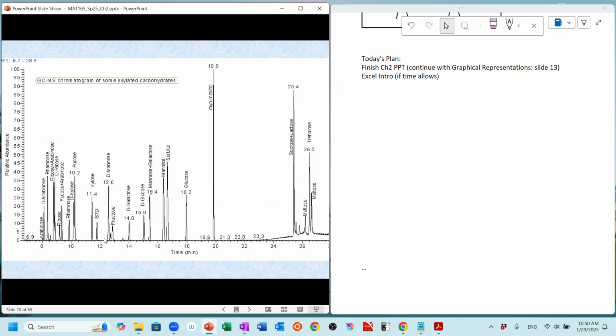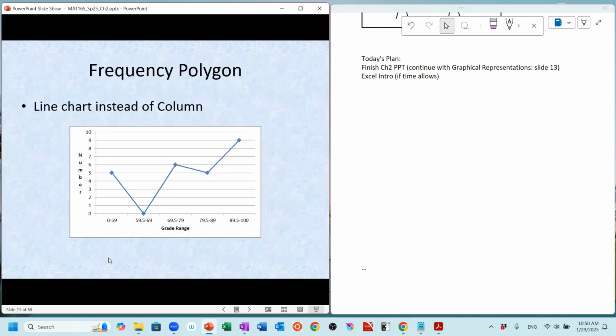This is more like a line graph, but you can see where these spikes occur, these are different types of sugars that have these different retention times. Okay, but this introduces the idea of a line chart.